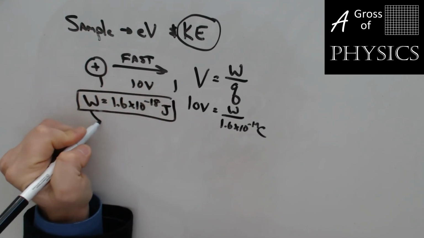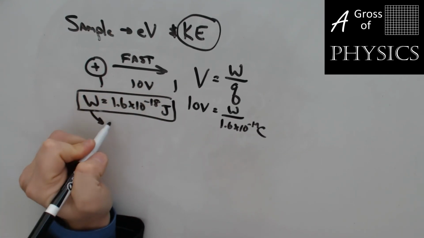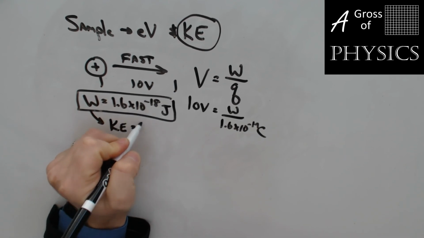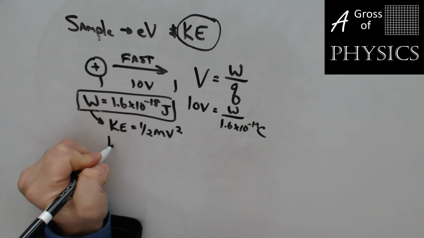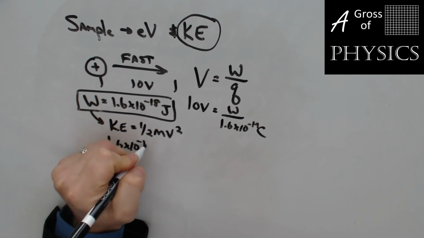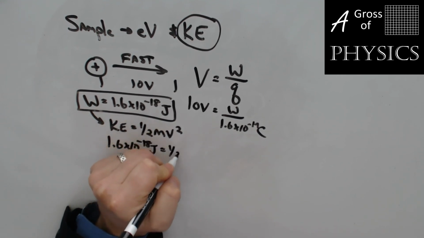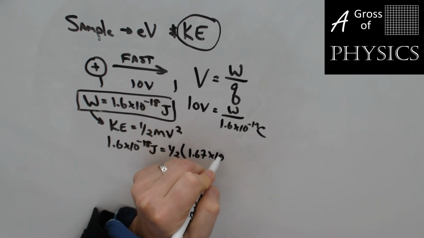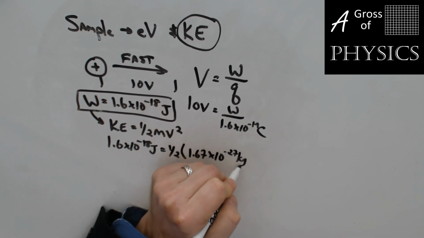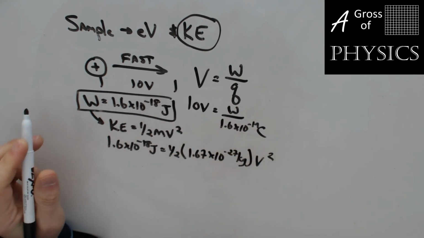Now that work will turn into, because of the work energy theorem, kinetic energy, which is 1/2 mv squared. So we know 1.6 times 10 to the negative 18 joules equals 1/2, the mass is 1.67 times 10 to the negative 27 kilograms, and we multiply by v squared.